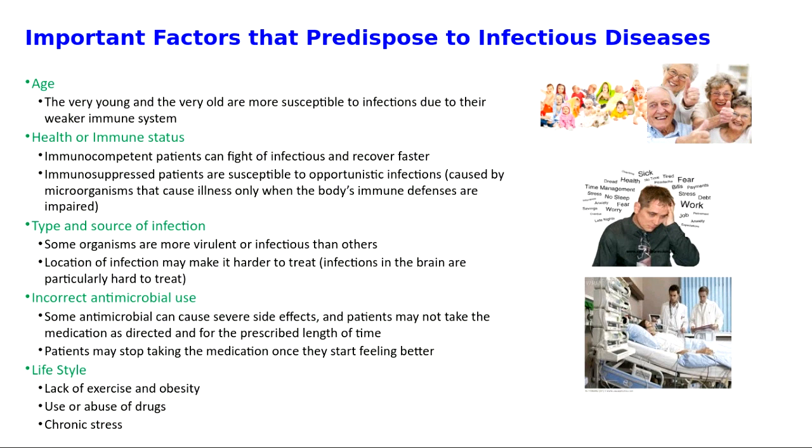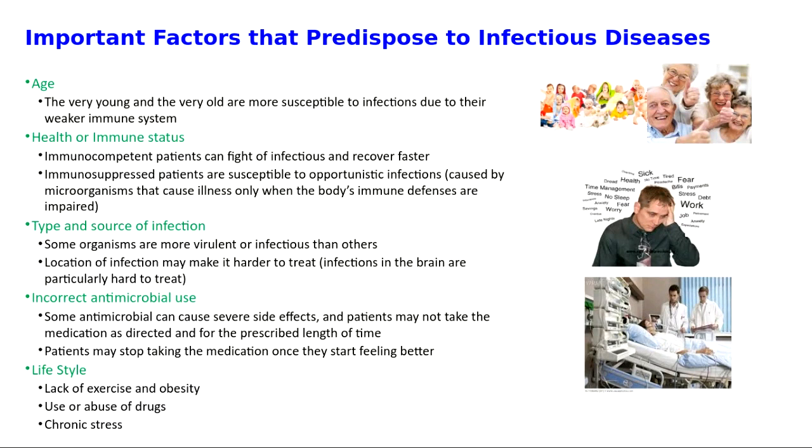The health or the immune status of the patient, as you have been hearing with COVID-19, the people that are most at risk of having severe complications of the COVID infection are the patients with pre-existing health conditions.